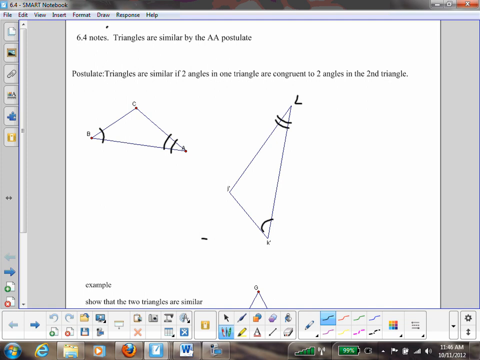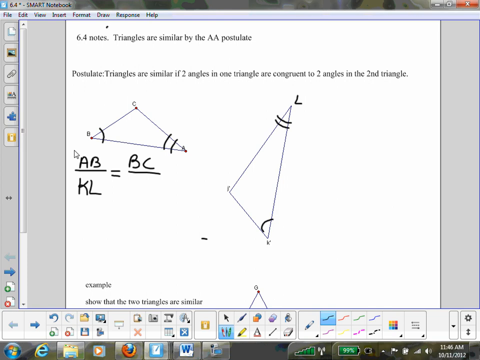So we would say that side AB would be proportional to what side in the big triangle? It would be KL. And that would have the same scale factor as side BC over which side? JK.